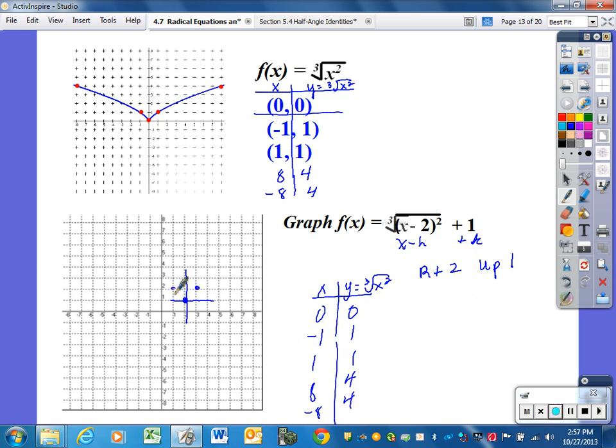Again, 8's going to go way off, so let's go negative 8, 2, 3, 4, 5, 6, 7, 8, 1, 2, 3, 4. So my domain, x is all reals. Again, every x value is used. My y's are above 1, so greater than or equal to 1.